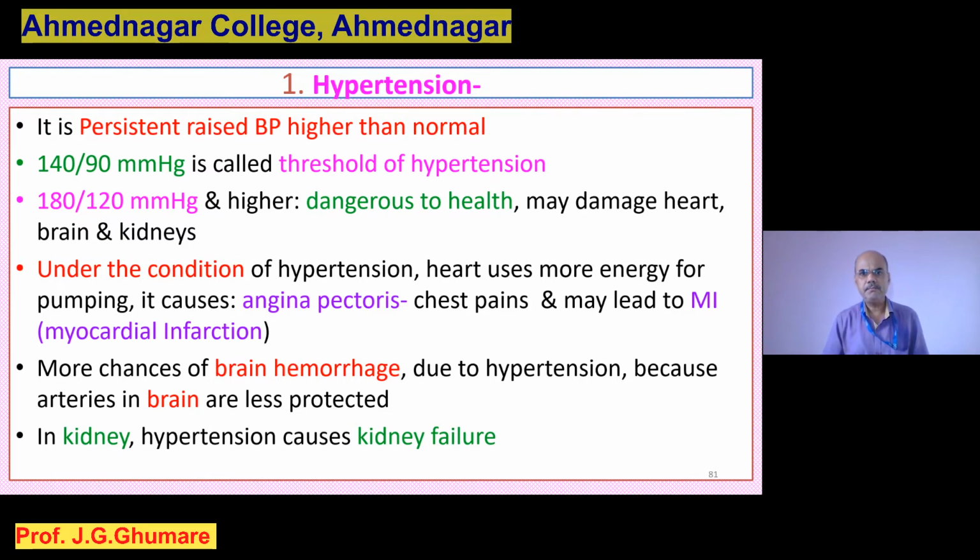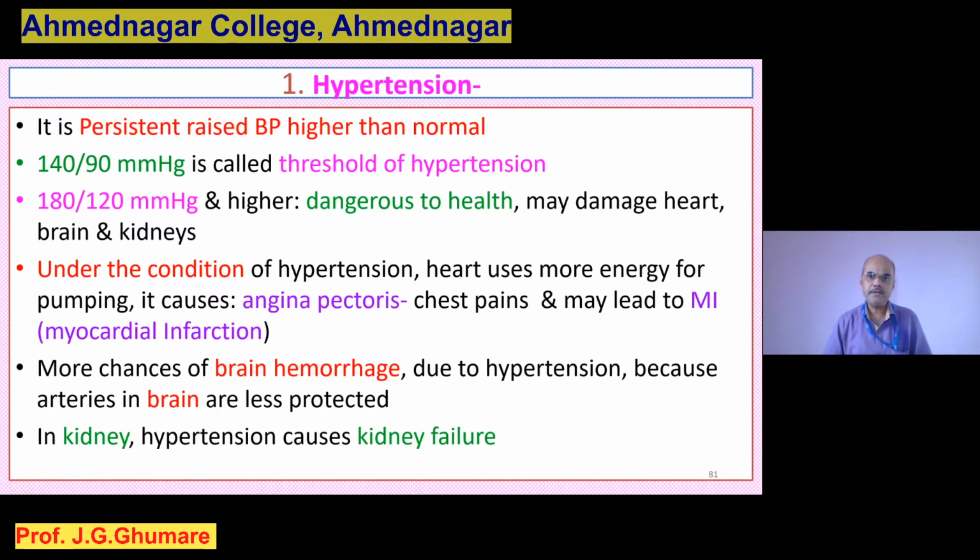Persistent raised BP, higher than normal. Persistent means continuous, and this elevated blood pressure, higher than normal, is called hypertension. We also call it high blood pressure. How much is the normal?